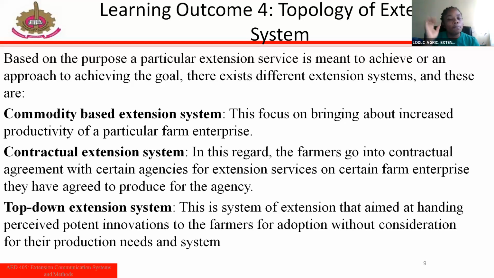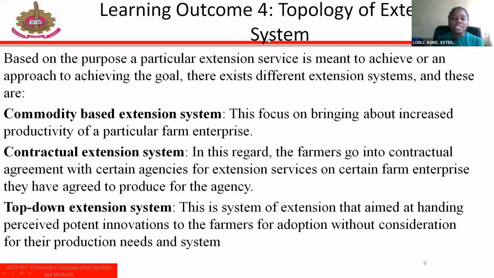The next one is the top-down extension system. This system is aimed at handing perceived potent innovations to farmers for adoption without consideration for their production needs and system. A particular direction or innovation is given to farmers, and they don't even want them to have a negative thought about it or disagree.